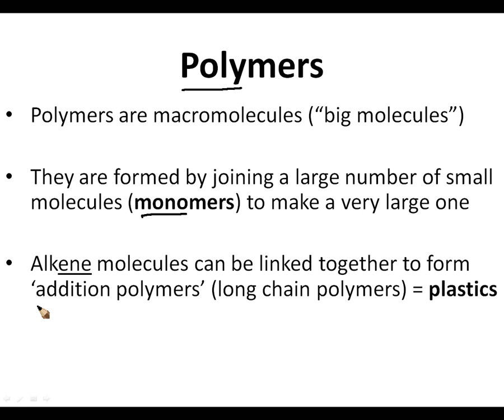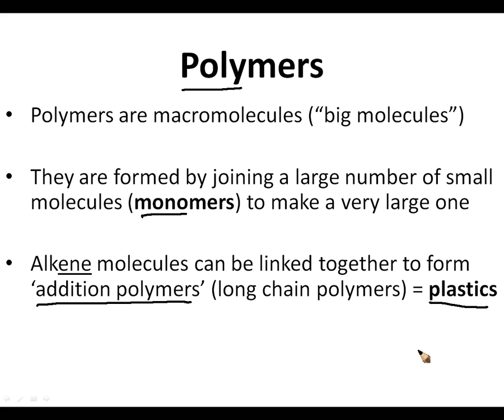So addition polymers is where we simply have a whole lot of monomers that get added together, sort of end to end, to form really long chains. And these really long chains are actually what you and I would generally refer to as plastics. So most of the plastics you see around you are long chain polymers, really long chain polymers of alkenes that have been joined together end to end.